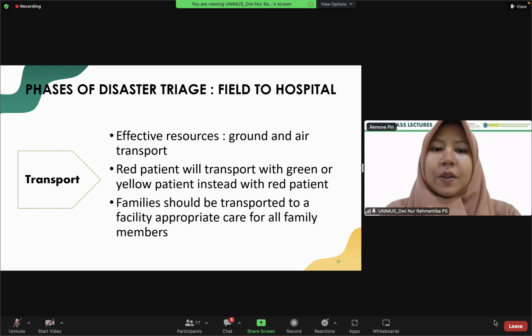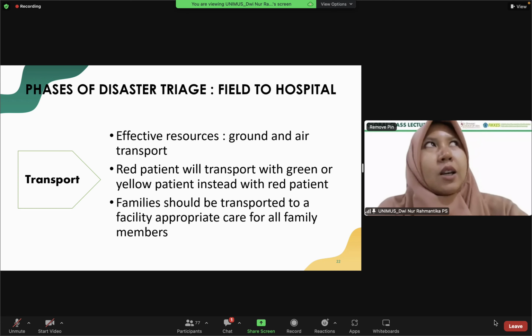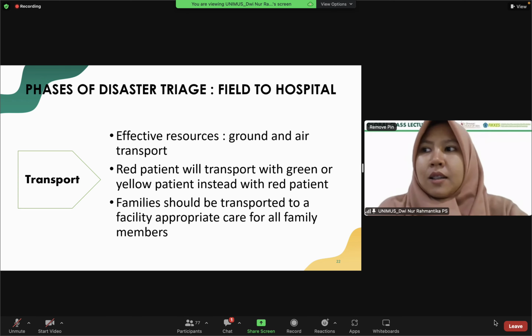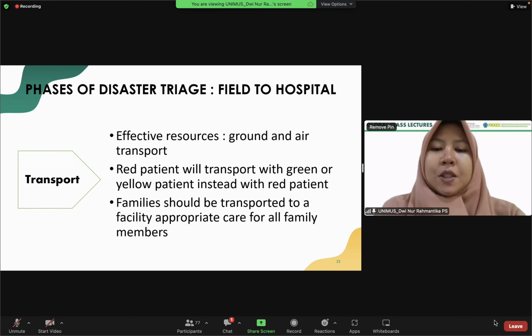Two patients with the red triage will not be transported to the same hospital, because we should anticipate that the destination hospital has limited resources. So the red patients will be spread to different hospitals.